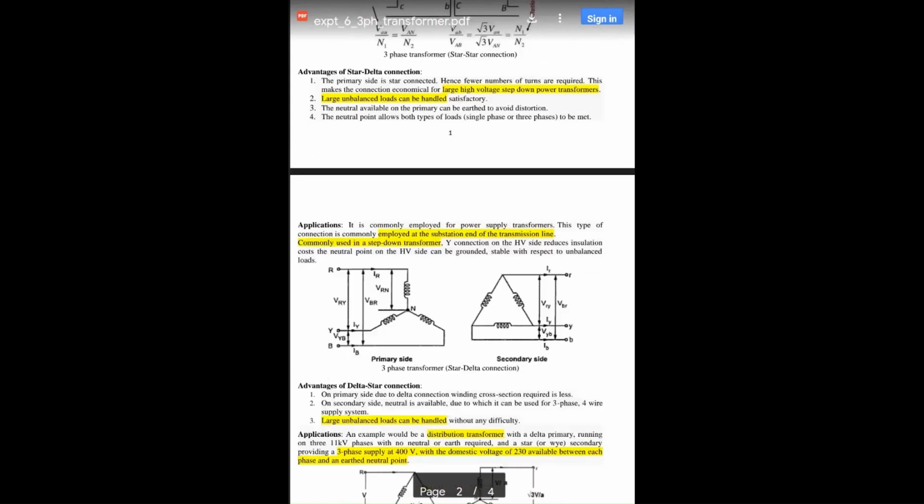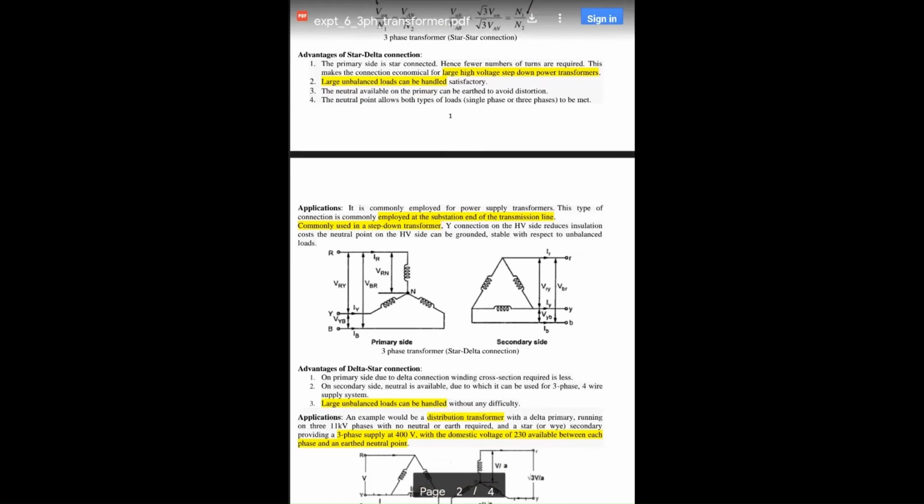So the star delta connection is advantageous for large high voltage step down power transformers. Here the primary side is star connected and the secondary side is delta connected, and it can handle unbalanced load also.